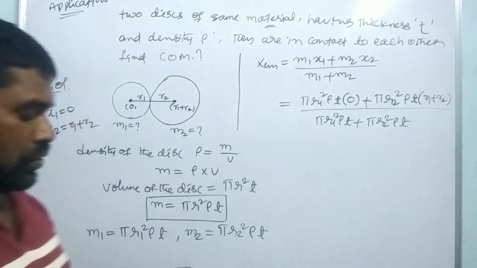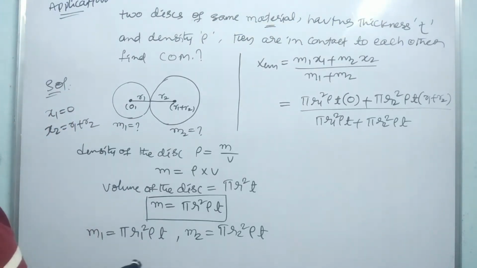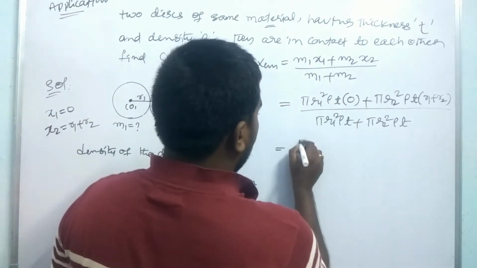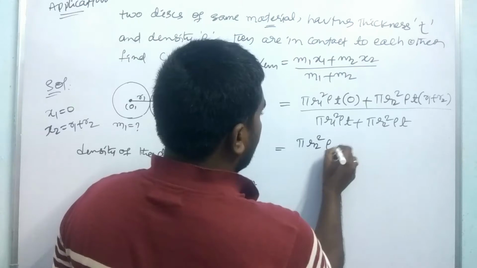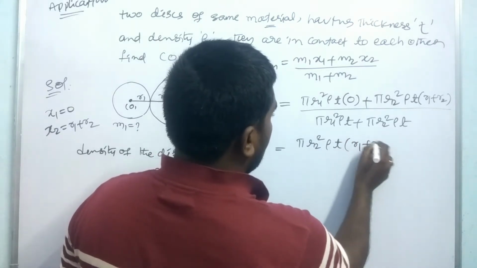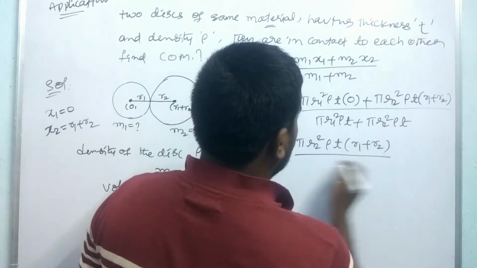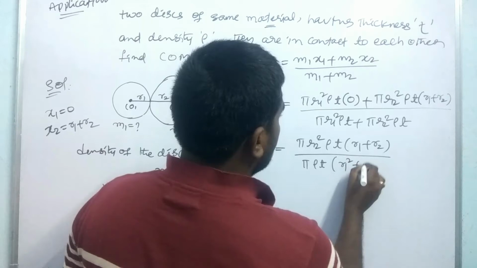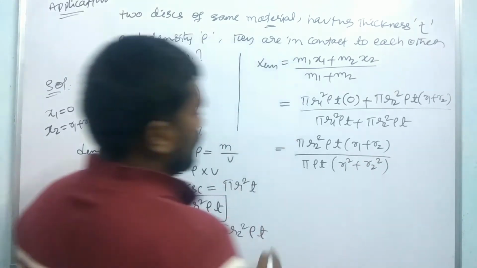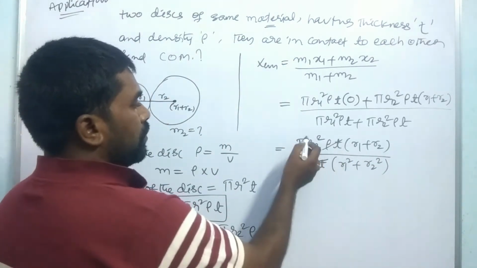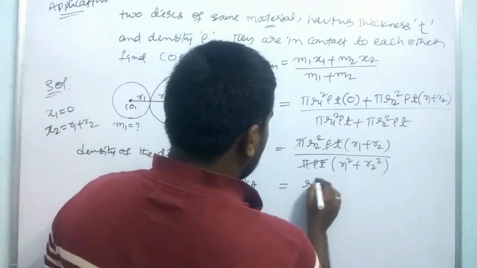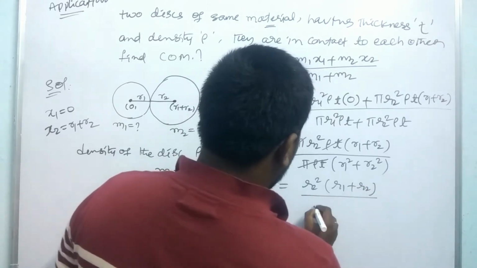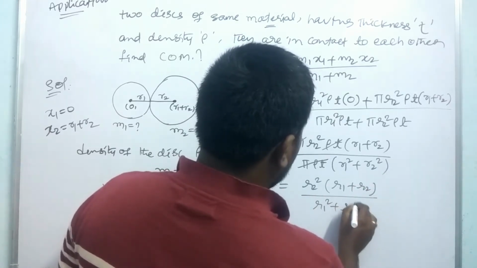Let us take the common terms. Pi r2 square rho t into r1 plus r2 by pi rho t common, times r1 square plus r2 square. Pi rho t cancels out. It is equal to r2 square into r1 plus r2 by r1 square plus r2 square.